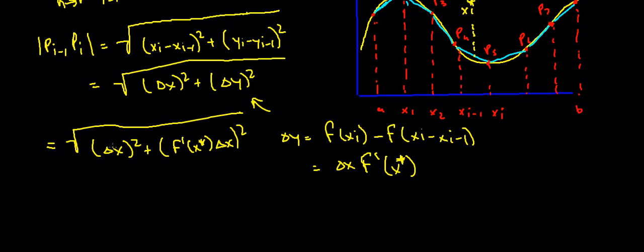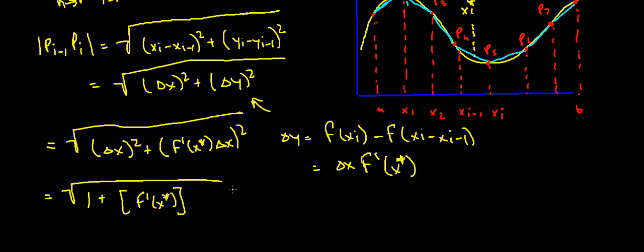Here, what is done is this delta x is factored out. So this leaves 1, and f prime. So this is just going to become delta x.